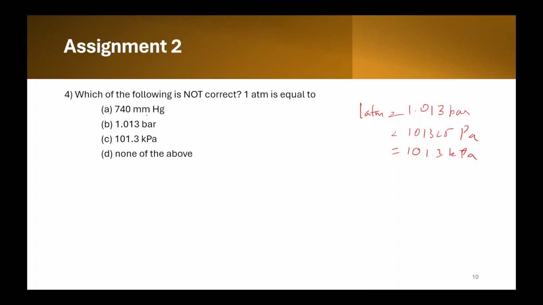So these are correct options. However, 1 atm is equal to 760 mm of Hg.